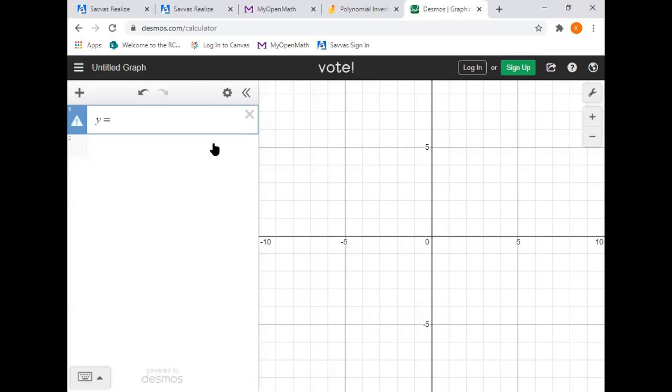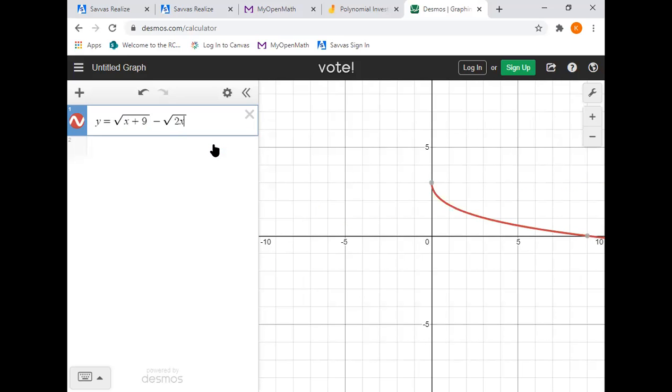So y equals SQRT, and then parentheses if you have to, x plus 9, arrow to the right to get out of the square root, minus, and then the SQRT again, the 2x right there.